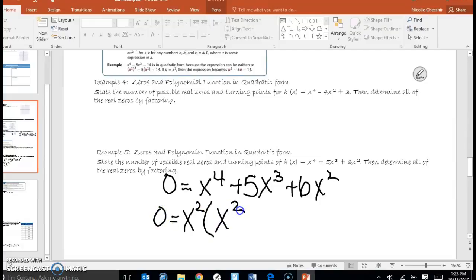So then we have x squared plus 5x plus 6. So we need two numbers that when we multiply them together we get 6, and when we add them together we get 5. Two and three.